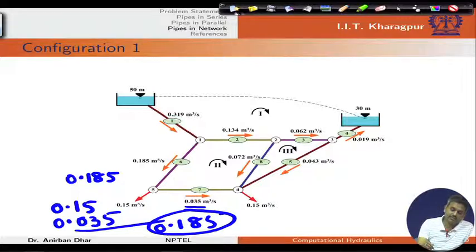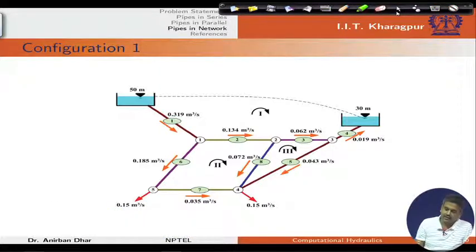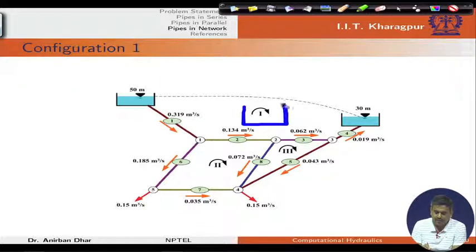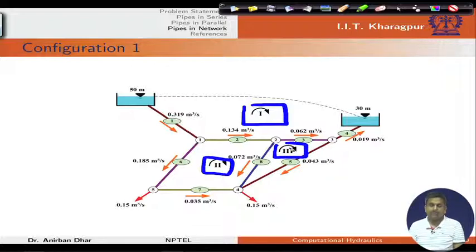So, like that we need to specify initial discharge values here, and these are arbitrary discharge values for this case. Now, in this case we have 3 loops, so 1, 2 and 3. For these 3 loops we need to calculate our discharge values.